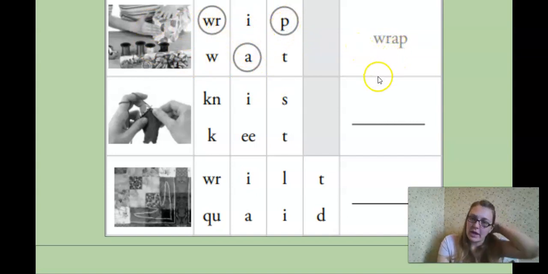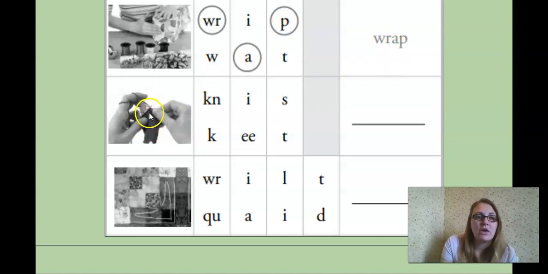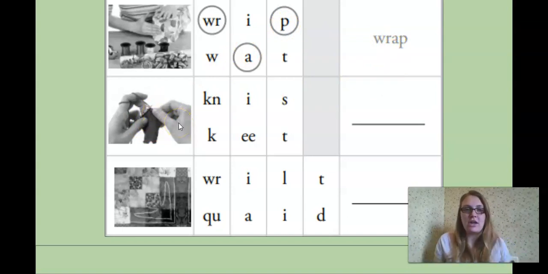So we'll try a few together. Right here, in case you can't really tell, it's knit. With some yarn and a knitting needle, knit. So based on what we learned today, the N sound, is it going to be with a KN or a K? Good, KN. How about the I sound?